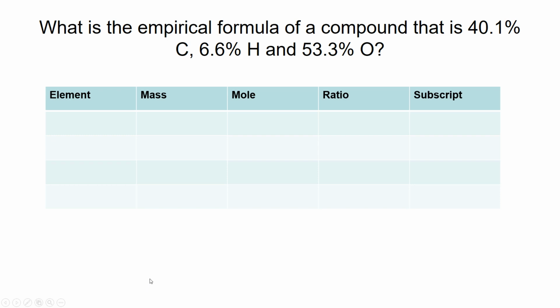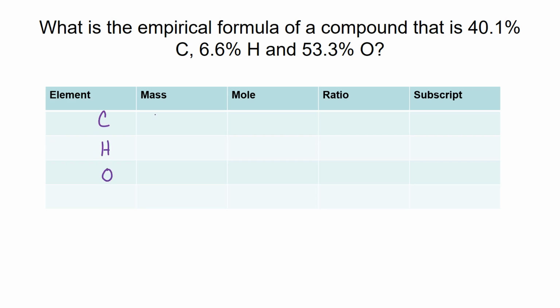All right. Let's look at this one real quick. We're dealing with carbon, hydrogen, and oxygen.